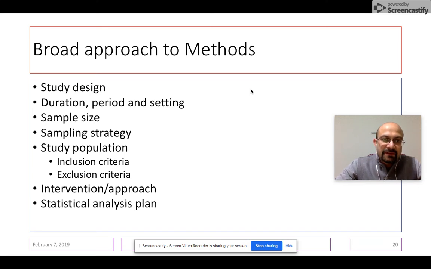Then you also discuss the statistical analysis plan of your study. How will you analyze the data? What will you do with the data that you gather? And then what are the ethical considerations? You obviously say that you will start the study, or you started the study only after the institutional ethics committee cleared your proposal.